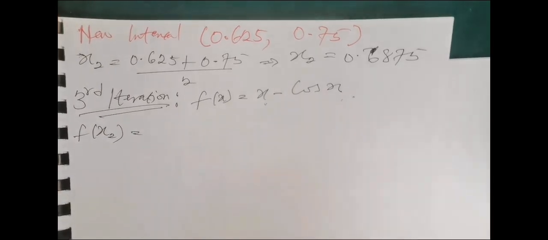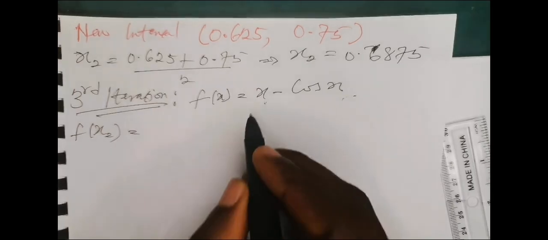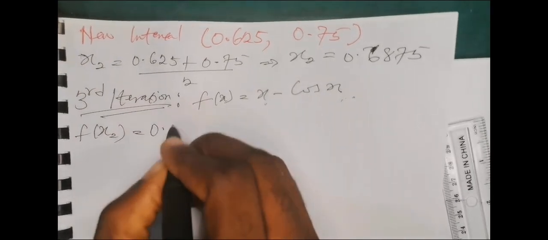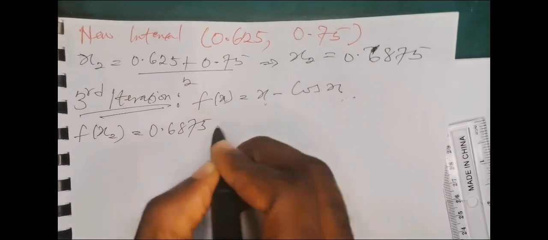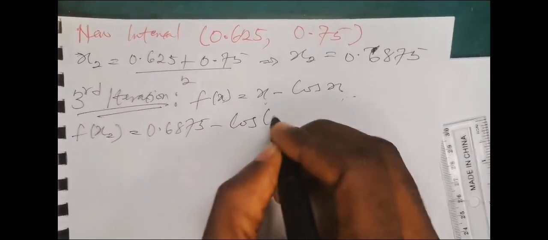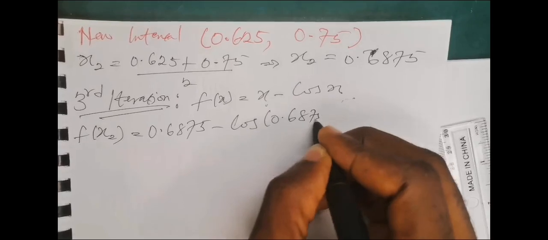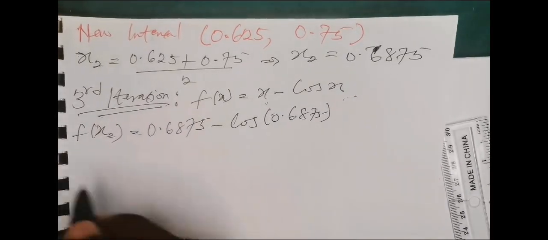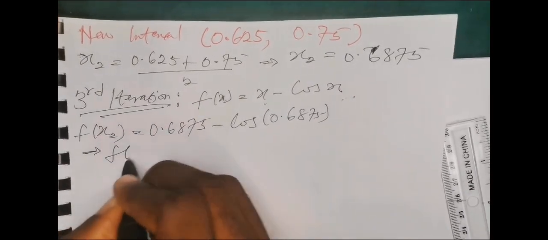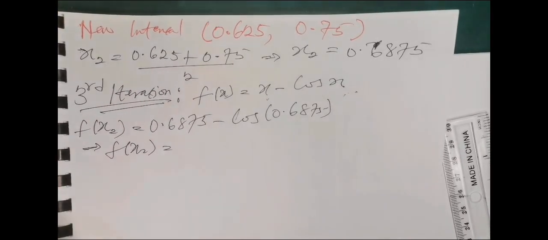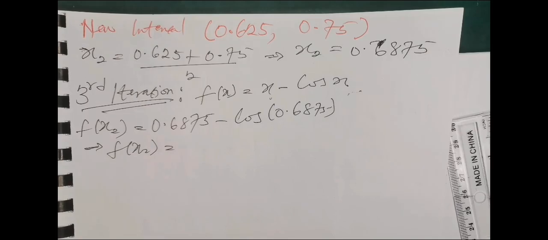So s2 gave us 0.6875. So in place of s here we have 0.6875 minus cos 0.6875.